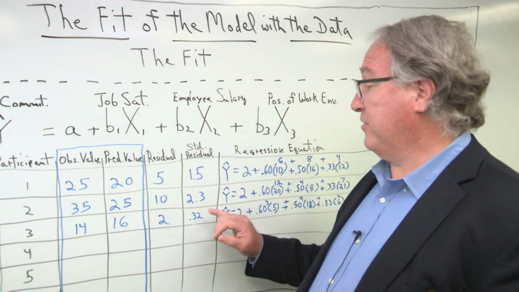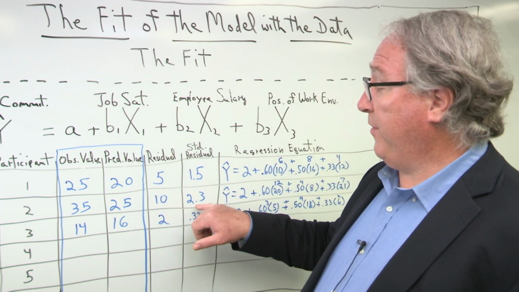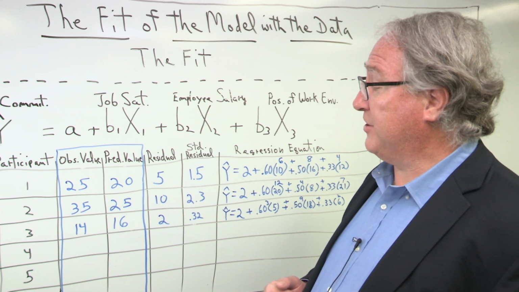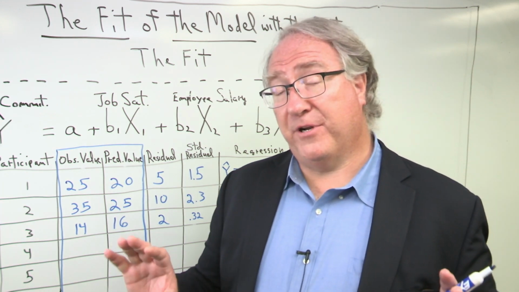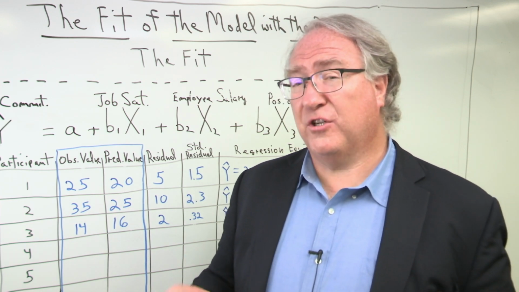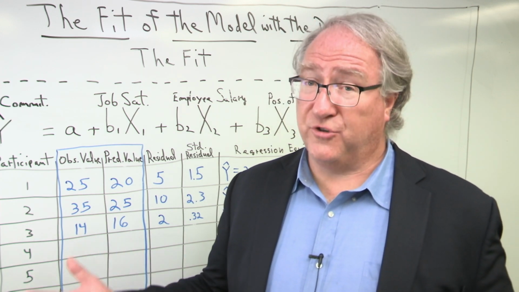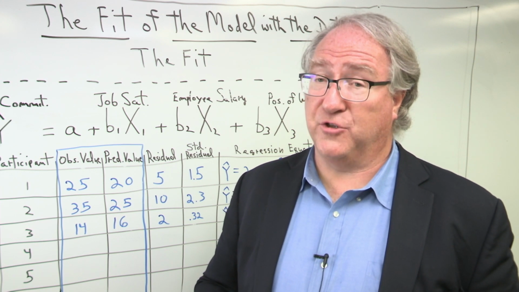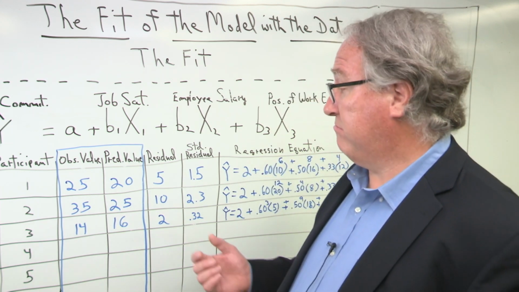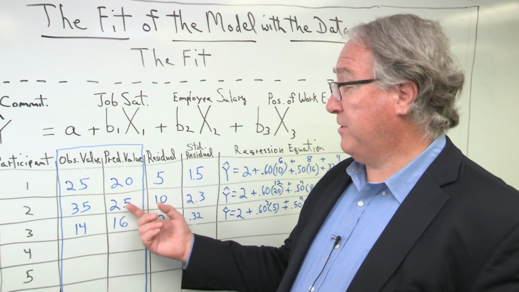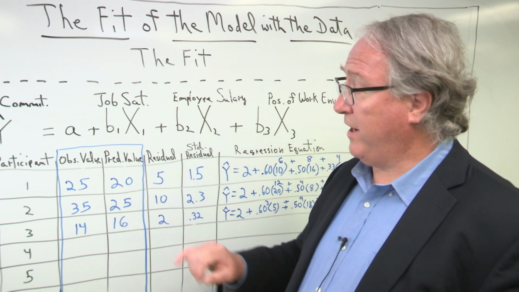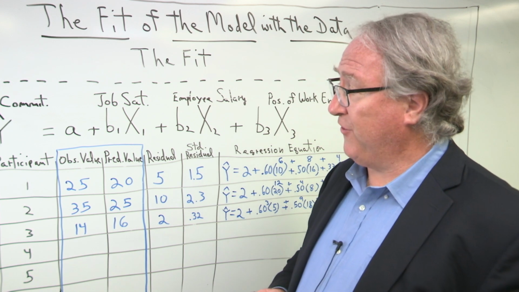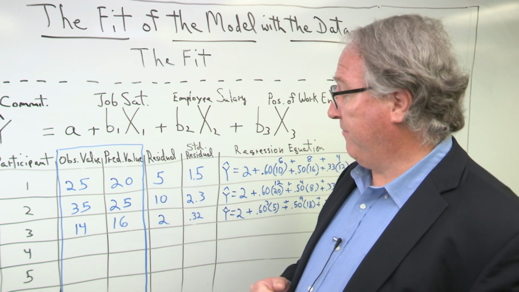If you have a standardized residual that is greater than the absolute value of 1.96, that indicates that we have a predicted value out of the model that is a good distance away from the actual observed value on the outcome variable measure. Indeed, it appears to be. This predicted value seems quite a distance away from the actual observed value for participant 2 on the outcome variable measure.